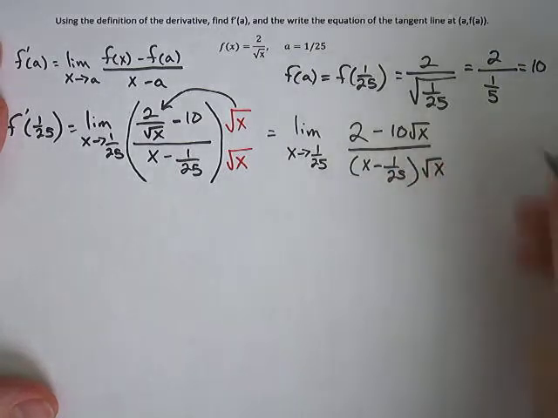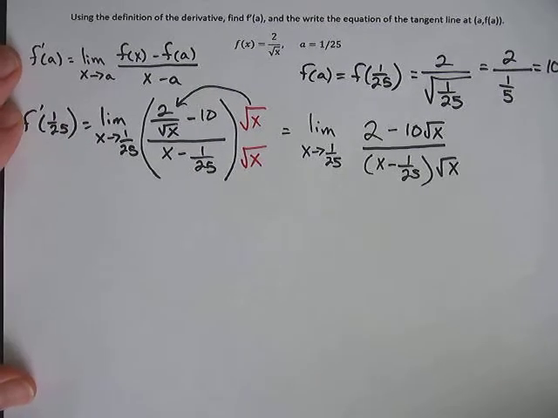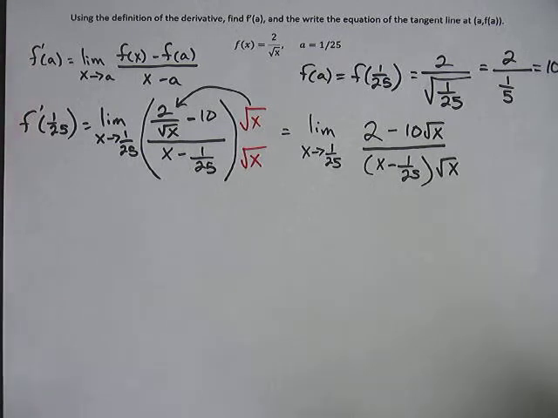You'll find as you do more and more of these problems, sometimes it's best to not multiply through until you realize that you need to, because you might find yourself later in the problem having to backtrack and undo what you did there. So let's leave that alone. What we're going to do now is multiply by the reciprocal of the numerator.